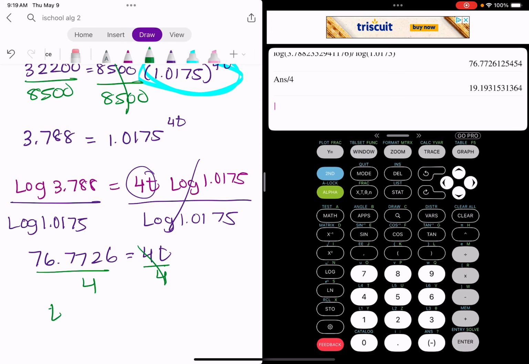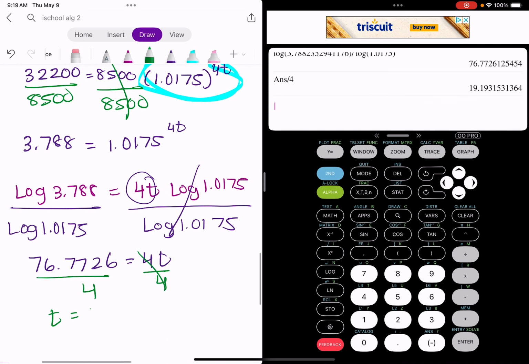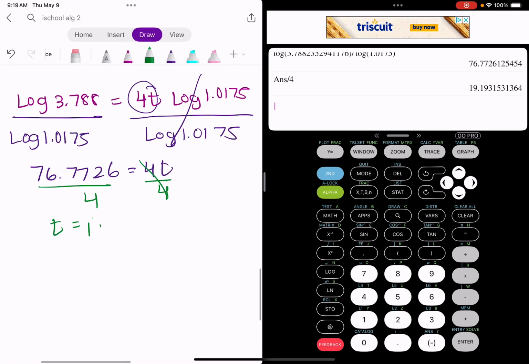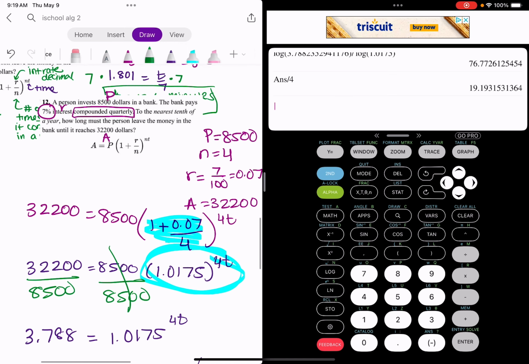So the time it takes, let's see, what do they want us to round to? To the nearest tenth of a year. So 19.2 years. So it takes about 19.2 years for our money to grow from 8,500 to 32,200. Not bad. Okay, so work on the practice.